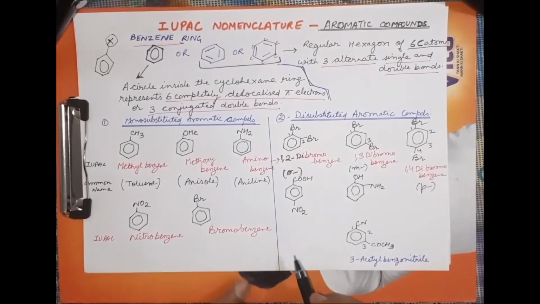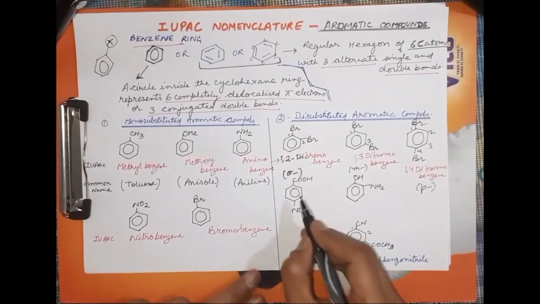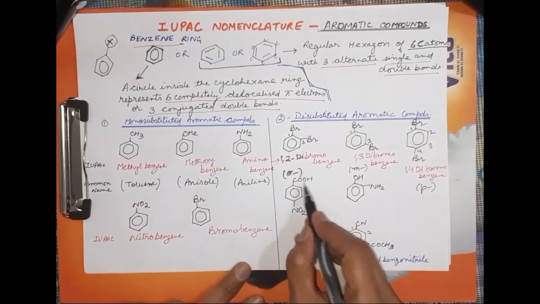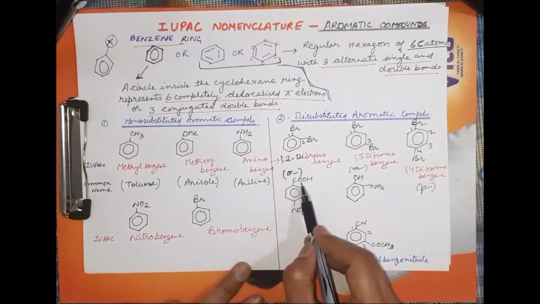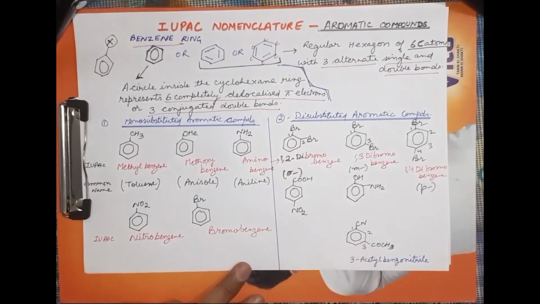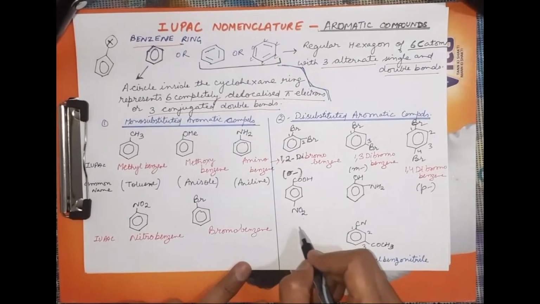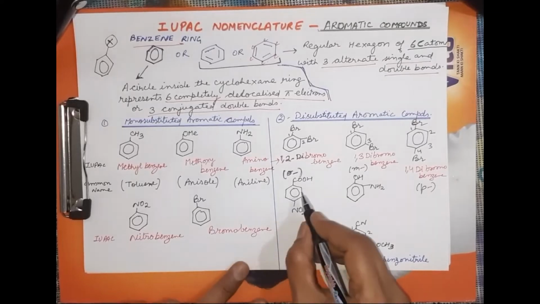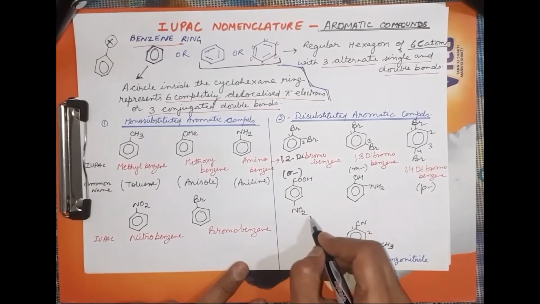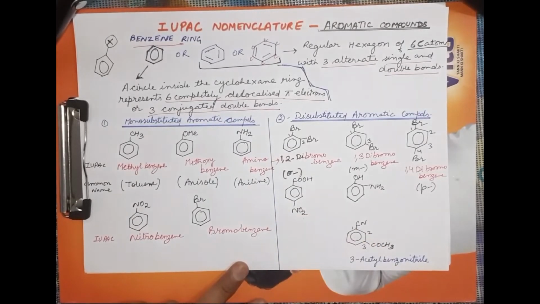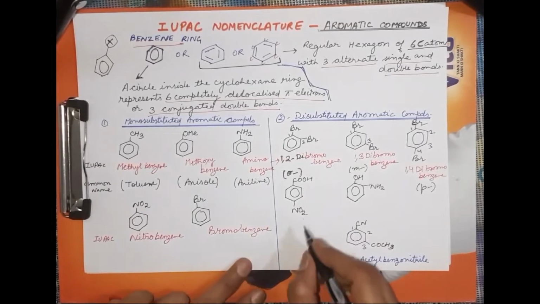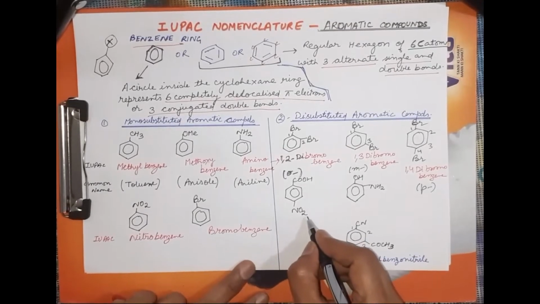So then another example, having a benzene ring with two different substituents, two different functional groups basically. One is COH and another is NO2, and we have discussed that NO2 is always considered as a substituent.